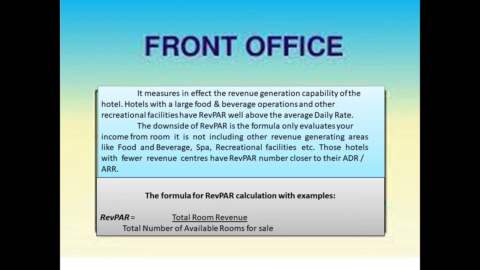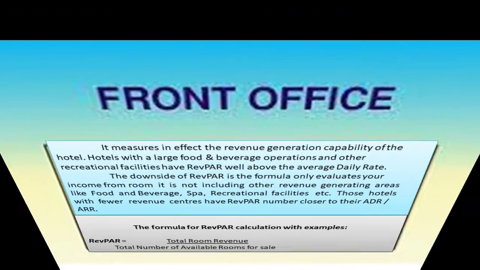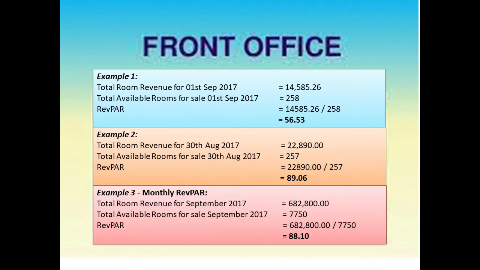The formula for RevPAR calculation with examples. RevPAR is equal to total room revenue over the total number of available rooms for sale. For our example number 1, the total room revenue for the 1st of September 2017 is equal to 40,585.26.